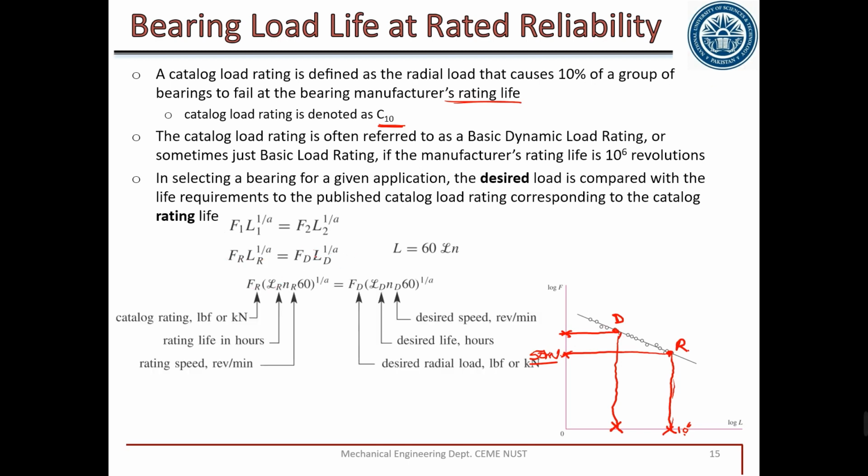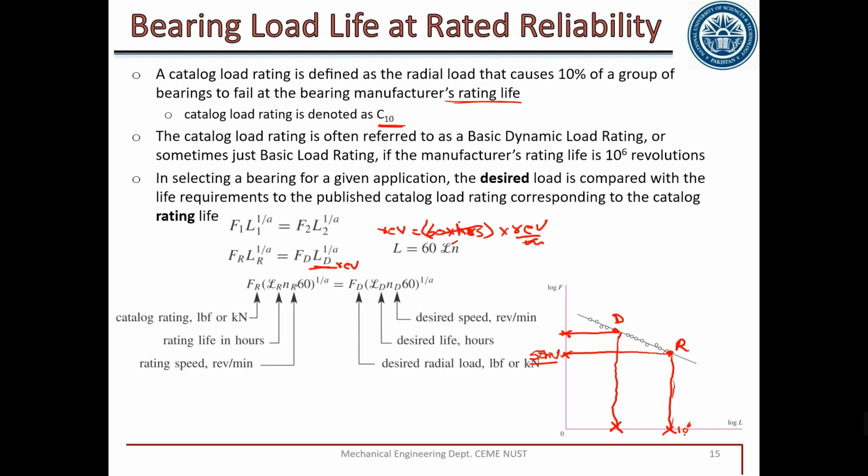The life of the bearing is in revolutions, and it is converted: 60 minutes in an hour, into the life L, whose unit is hours. So 60 into hours gives us minutes, into revolutions per minute, which is N. So minute cancels out. We finally have the value 60 into L into N, which gives us life in revolutions.